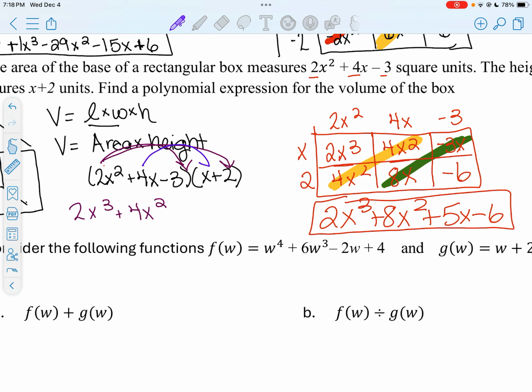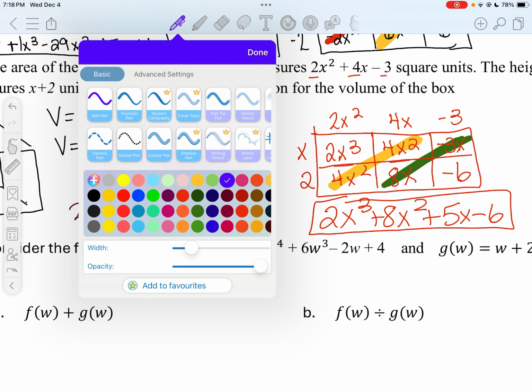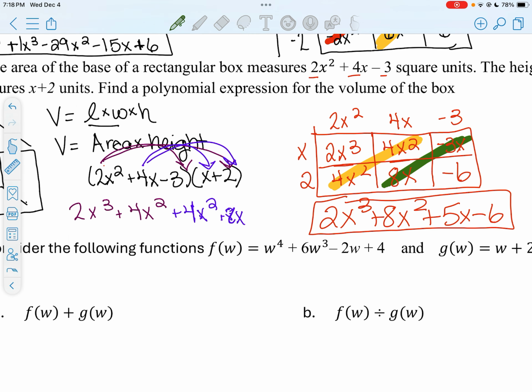Distribute the 4x, that's plus 4x squared plus 8x. Distribute that negative 3. That's a negative 3x minus 6. And you combine like terms.